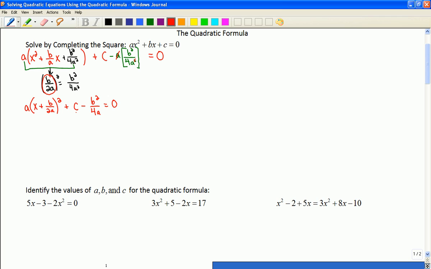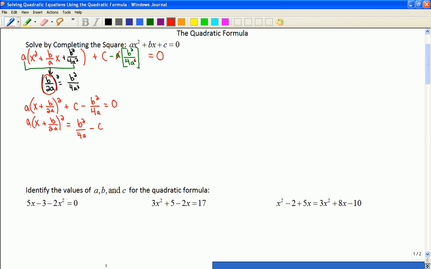So now I'm going to solve this equation. So what I have here is I'm going to move everybody to one side, like we would have otherwise. It's going to be equal to b squared over 4a minus c.